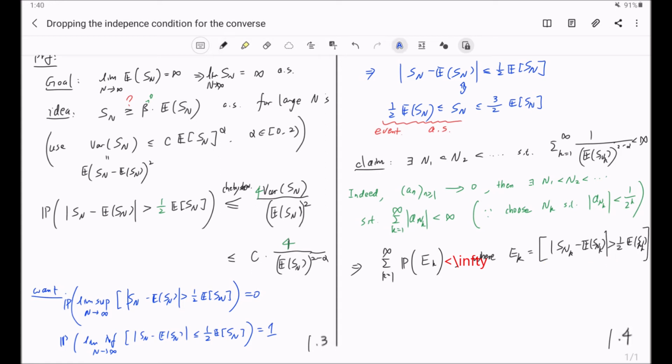So that's the event. And by the Borel-Cantelli lemma, part 1, you will see that the probability of this event happening infinitely often, namely the lim sup, is 0.